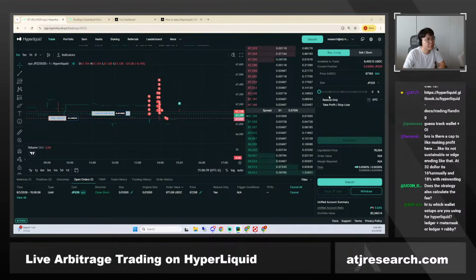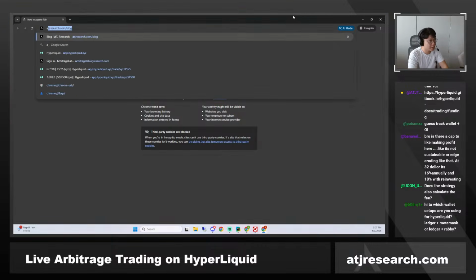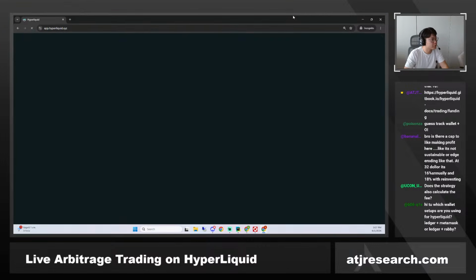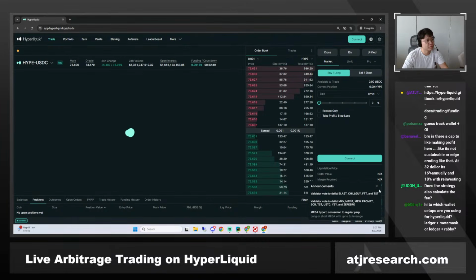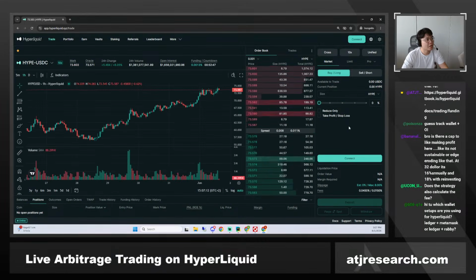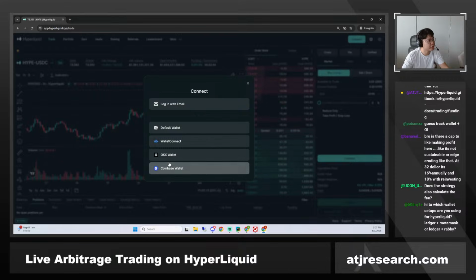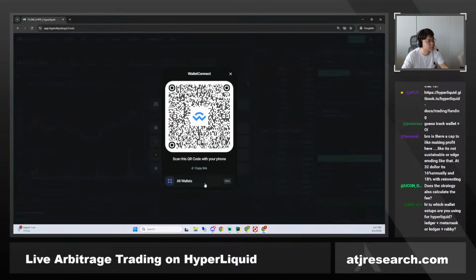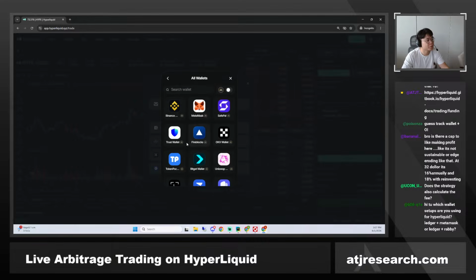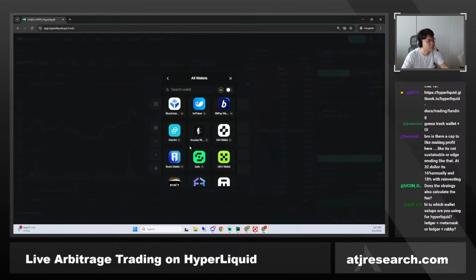What I mean by that is that if I open Hyperliquid in an anonymous window, right? So let's go to app.hyperliquid. If you try to connect, for example, Coinbase, OKX is already integrated. You also have WalletConnect options where you have multiple wallets to choose from.